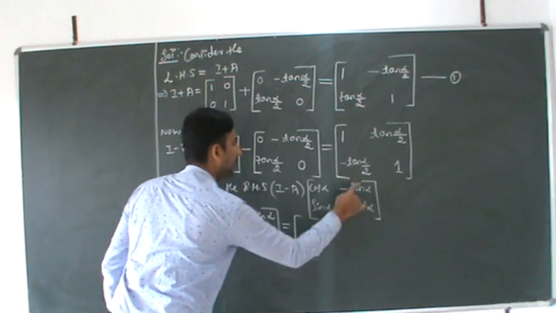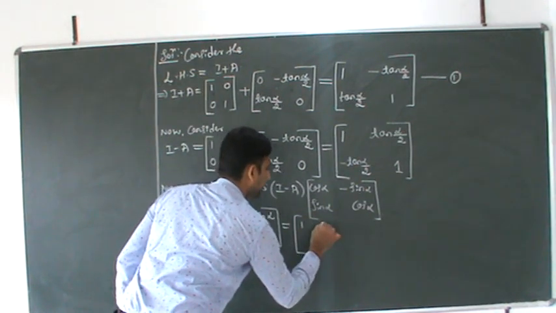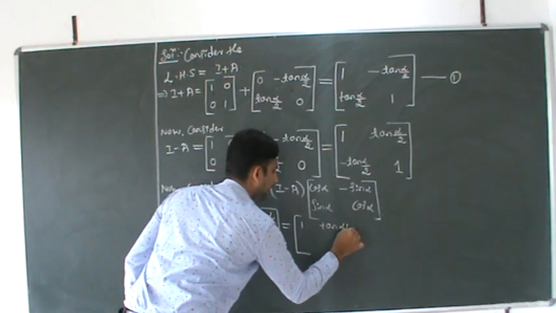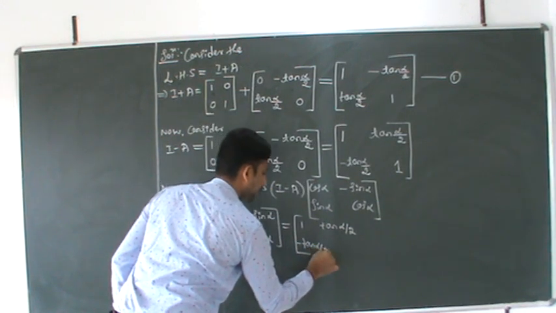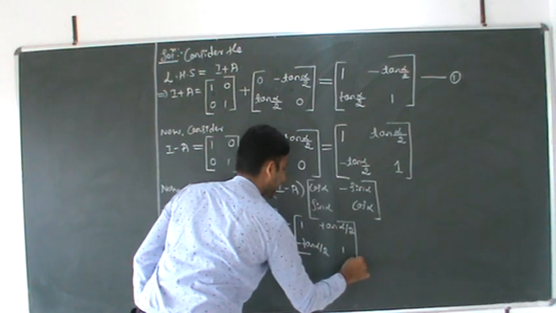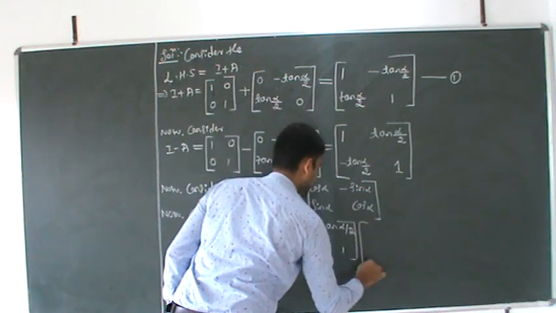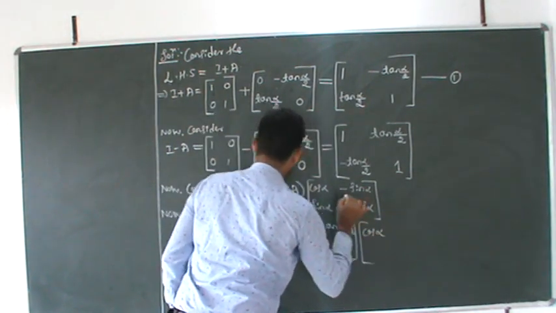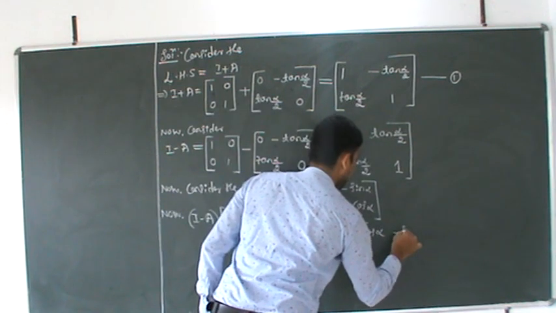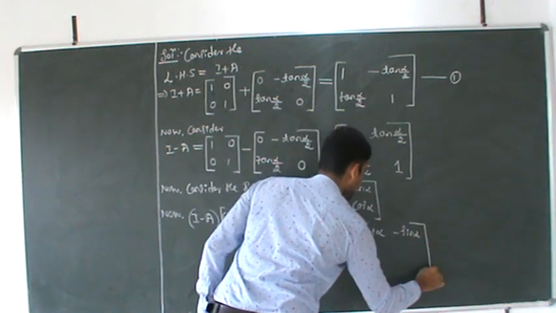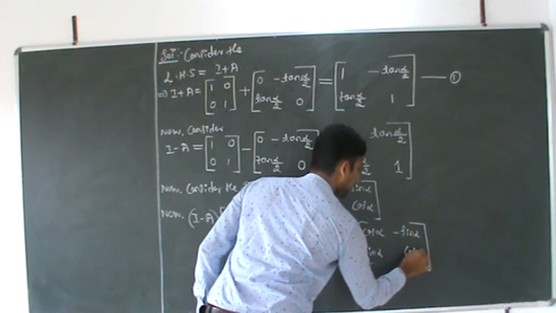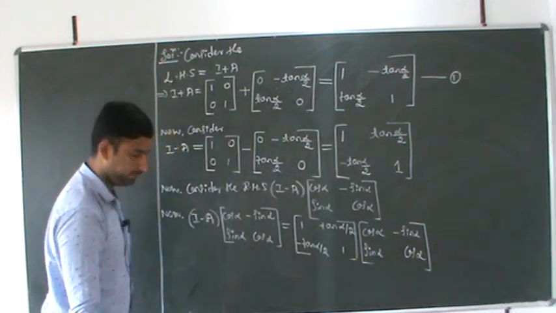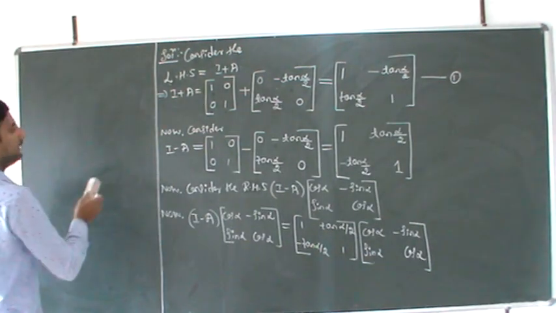I minus A we have taken as [1, tan alpha by 2; minus tan alpha by 2, 1], into A. A is nothing but [cos alpha, minus sin alpha; sin alpha, cos alpha], correct?